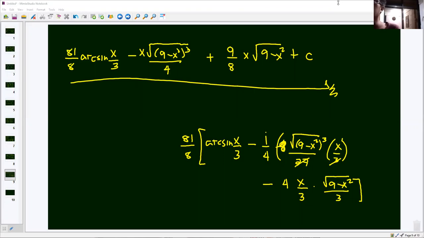Kaya alam kong tama. Okay, good. Sige. Diyan, chat to everyone, including your answer na naka-combine. Maganda. Copy-paste mo na lang.